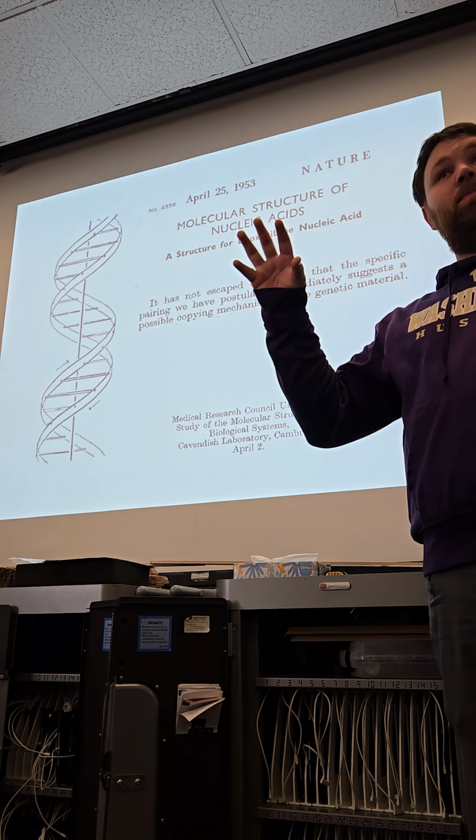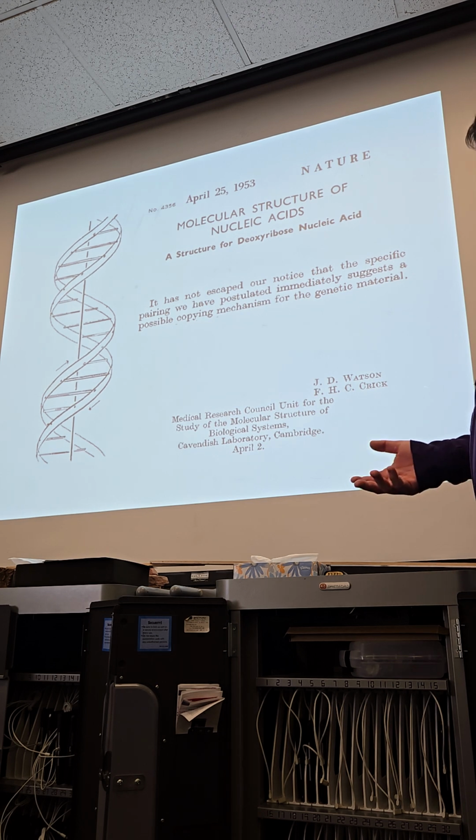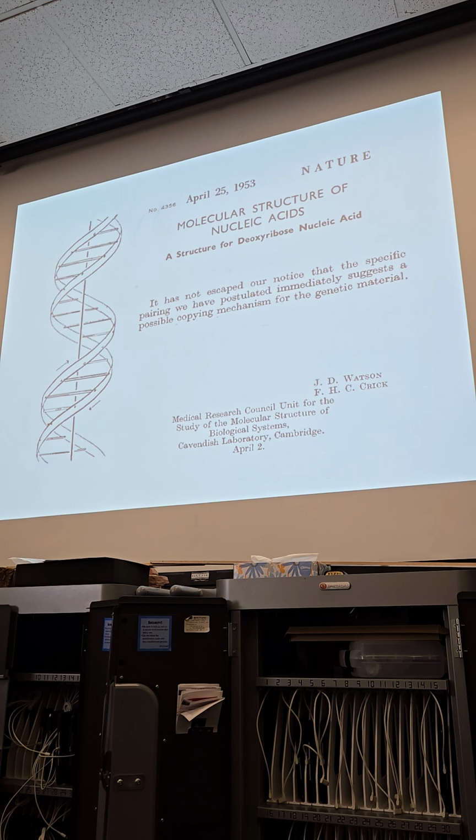They used lots of other people's empirical evidence, and Rosalind Franklin's is what they used to confirm it. Watson and Crick are mixed people historically. A little bit racist, a little bit on the side of eugenics. So, good and bad.